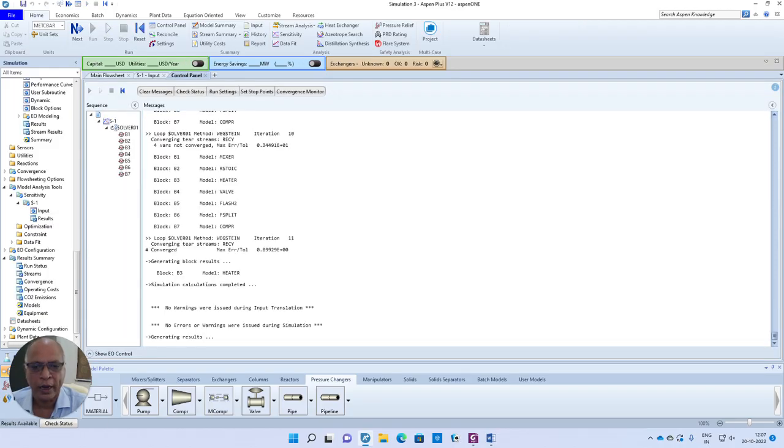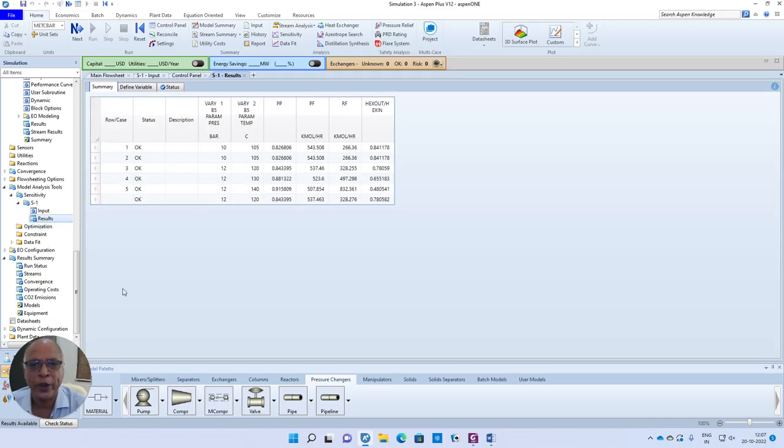Now you can see the results of your sensitivity, specifically only at the specified cases of these variables, whatever observations that you want are listed. 10 105, 10 105, 12 120, 12 130, 12 140, 12 120. Out of all these available sets, which is giving you the best product quality may be this one.